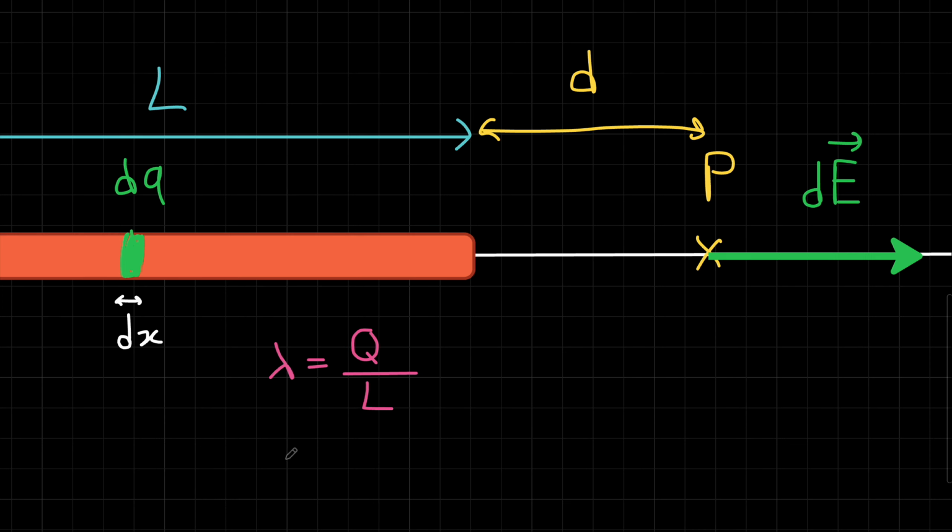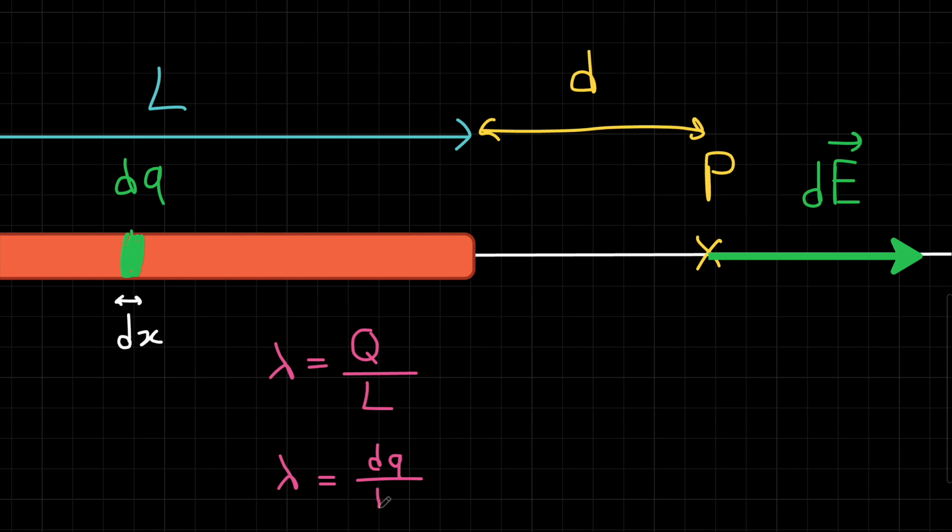But lambda is also equal to, if you think about the small piece dq, we can apply lambda to dq as well, because this charge distribution is uniform, so charge density is the same everywhere. So lambda is also equal to dq divided by dx.